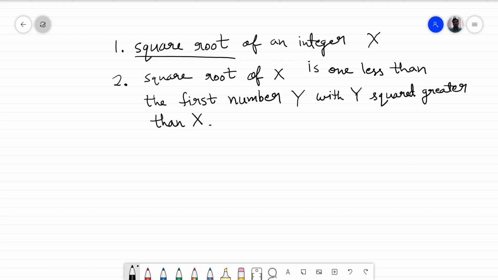It can give you the square root of even 17, but it will give you an integer value. So the square root of 17 will also be 4 in this case. So this code is going to return you an integer value. It is not going to give you decimals. That's the simplest example that we are taking.